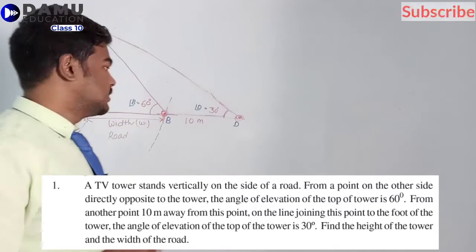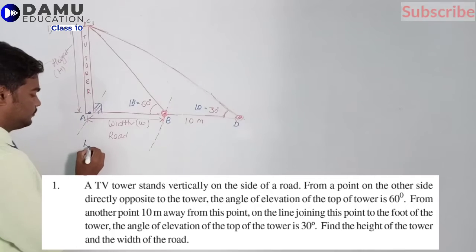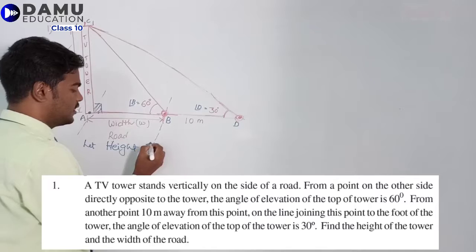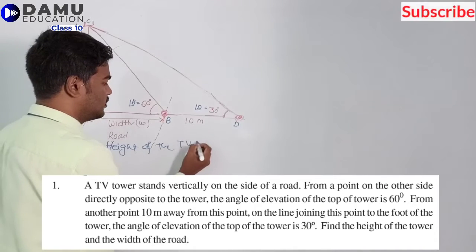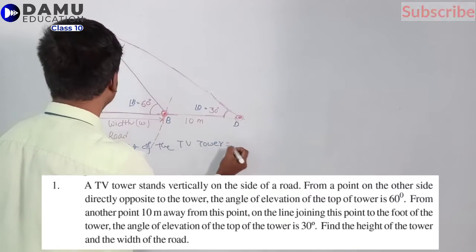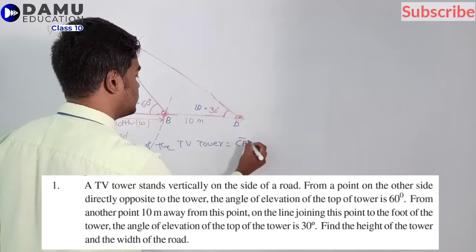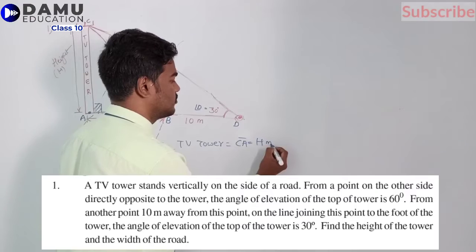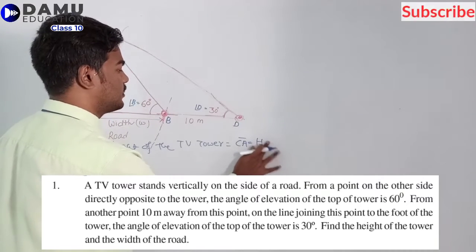So let's consider the height of the TV tower. That is CA, which will be equal to capital H. We take H meters, or whatever it is.